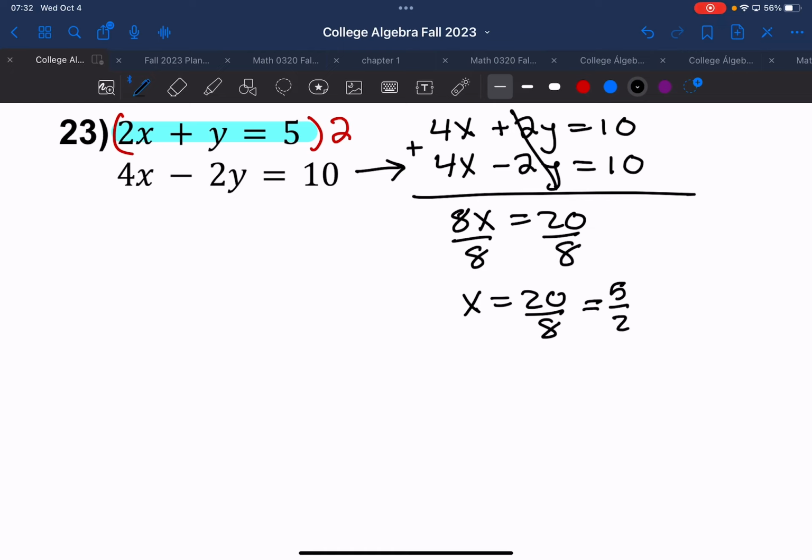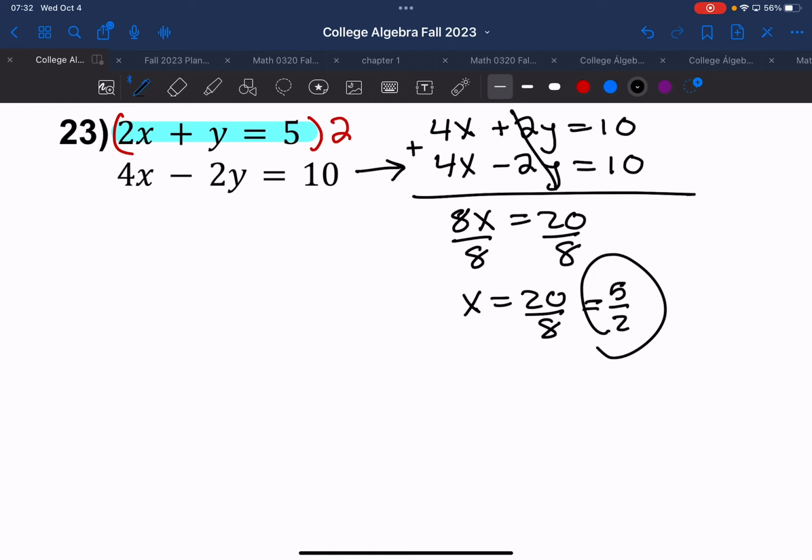You see how we did this problem already for substitution? But why would you do it this way? Why wouldn't you do it this way? Would you? Why would you? If on the test I say use elimination, use substitution. If I don't specify, you're using whatever makes the most sense, right?